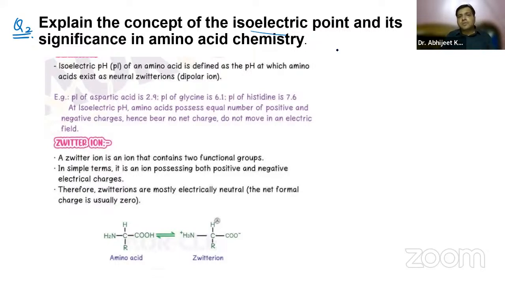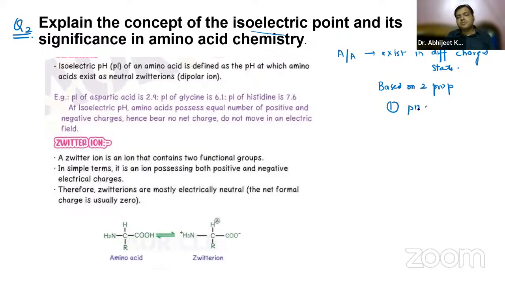Now, remember, guys, amino acids exist in different charged states, and it is based on 2 properties that you have to remember.